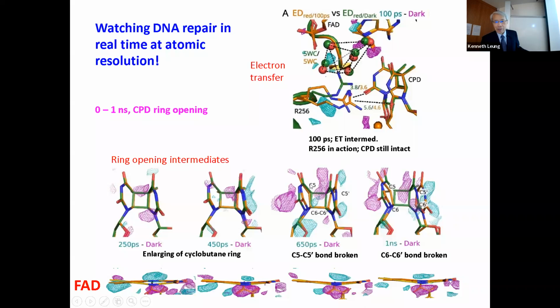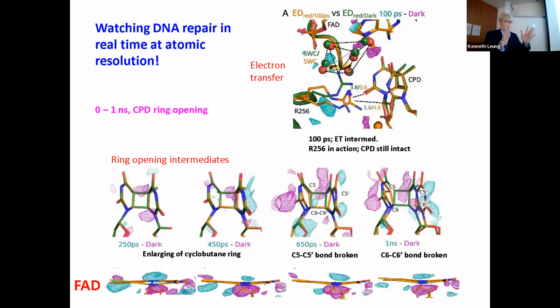And then at 650 picoseconds, something started to happen. This C5 prime bond is broken because this distance increases. This bond is still intact, and then here both bonds are broken. That means the cyclobutane ring is entirely open.